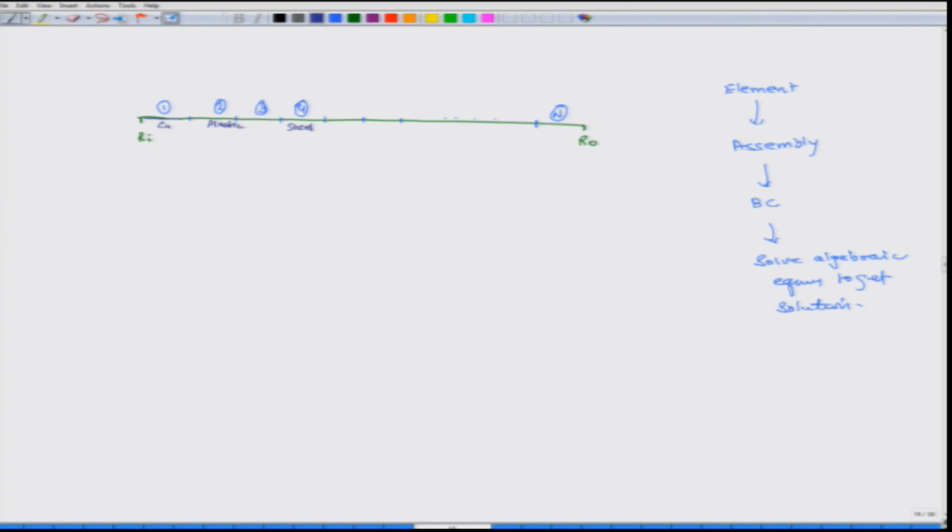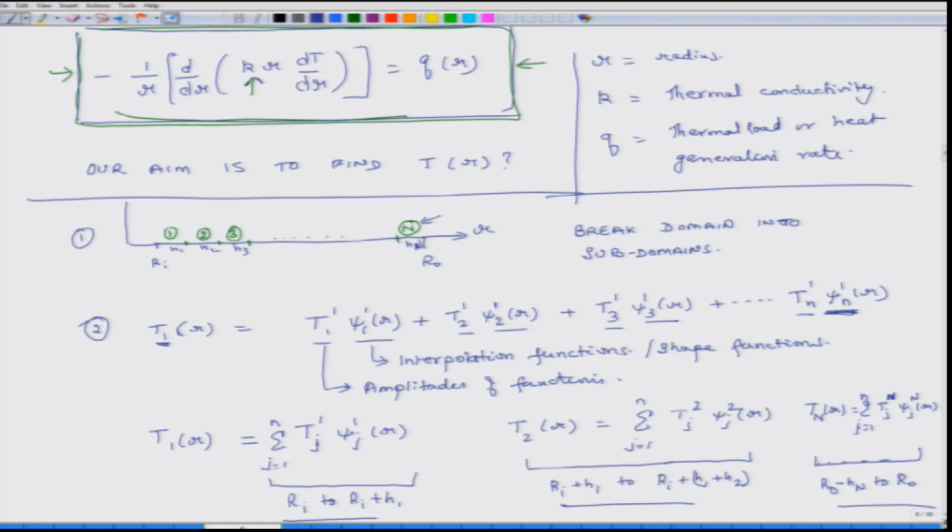Okay? This could be a real situation based on how we discretize it. Inherent in this method is the fact that it can handle variation of material properties very easily.